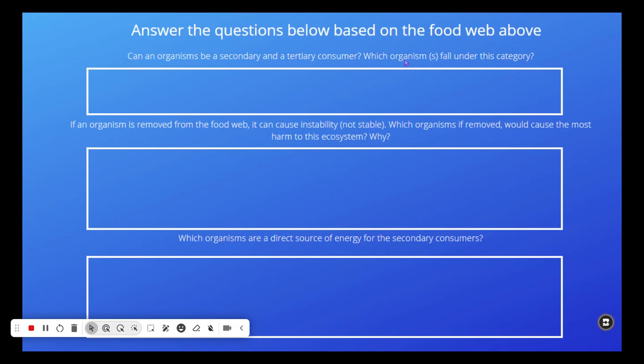So which organism or organisms fall under this category? That they're both. Okay. If an organism is removed from the food web, it can cause instability, not stable, right? It's a bad thing. Which organisms, if removed, would cause the most harm to this ecosystem and why?